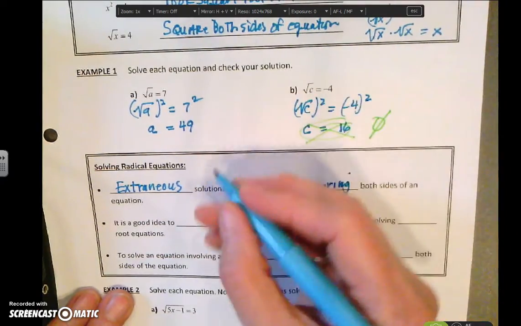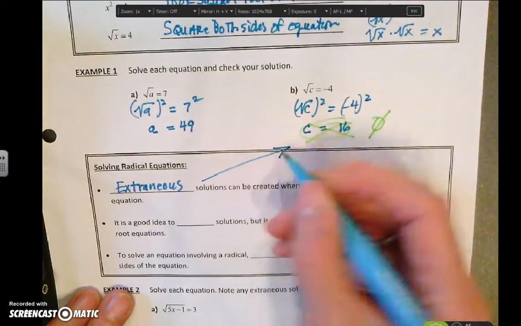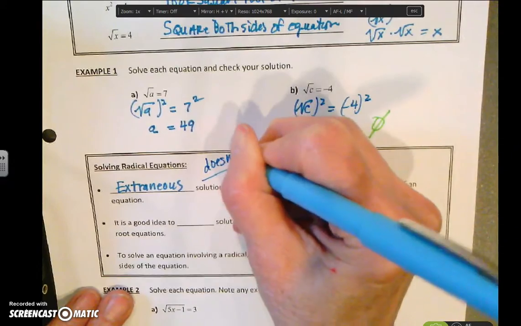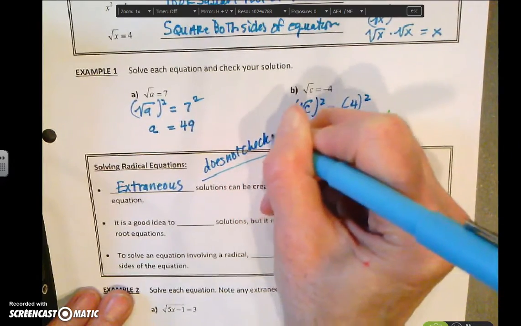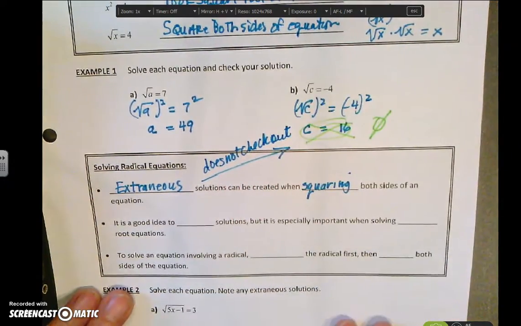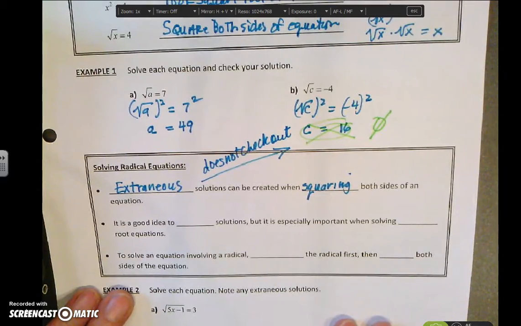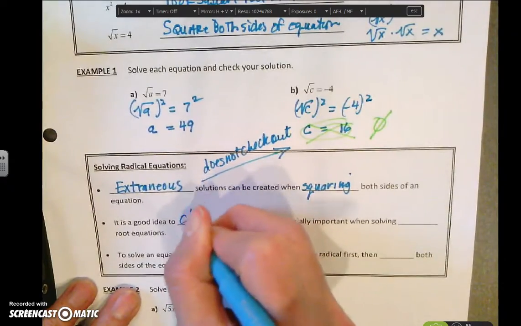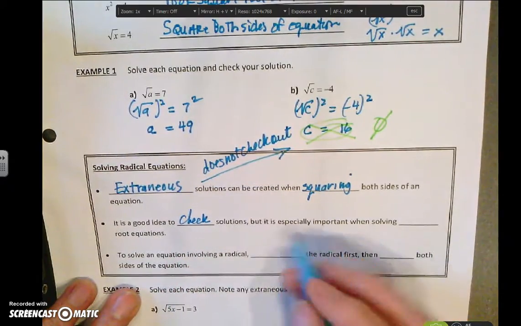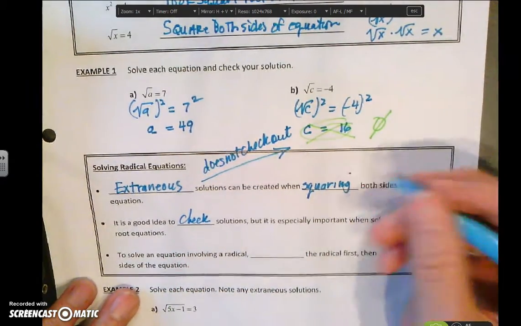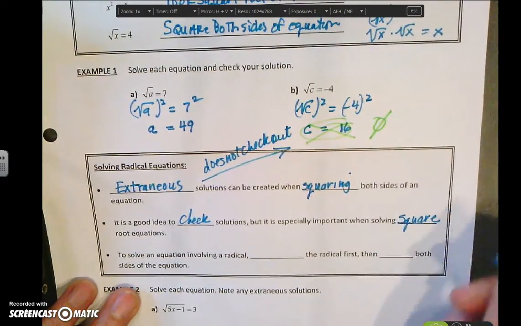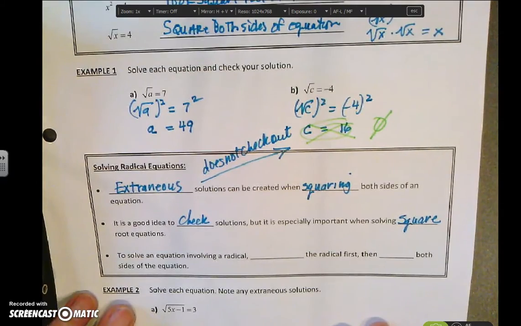So an extraneous solution is one that will not check. So it does not check out right there like that. It is a good idea to check solutions always, but it's especially important when solving square root equations, because extraneous solutions happen a lot.